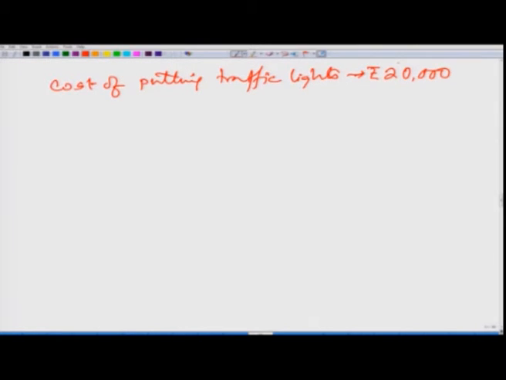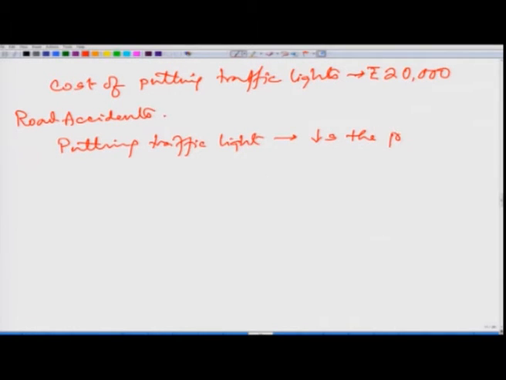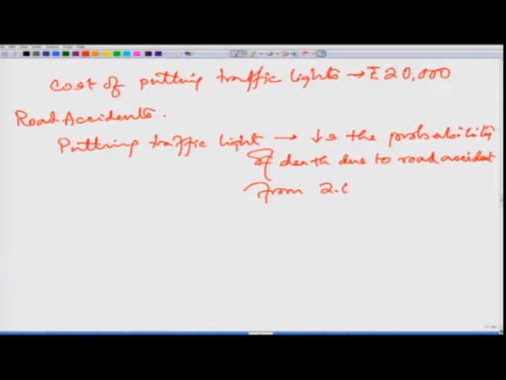But because of not having a traffic light, there are road accidents. Putting a traffic light reduces the probability of death due to road accident from maybe 2.6% to 1.1%.